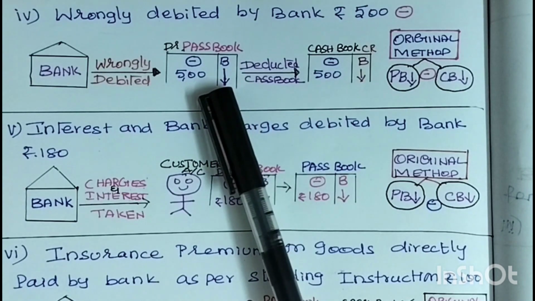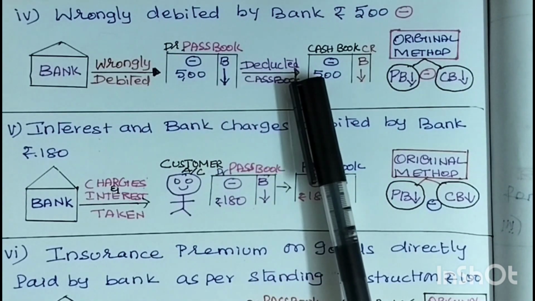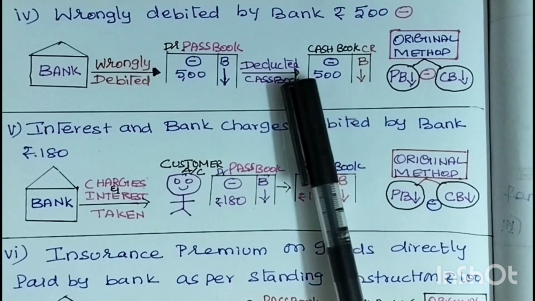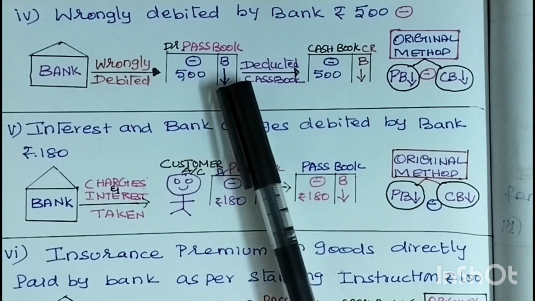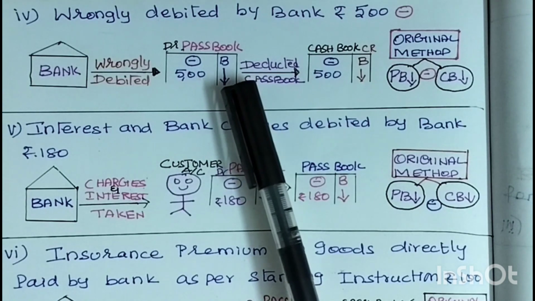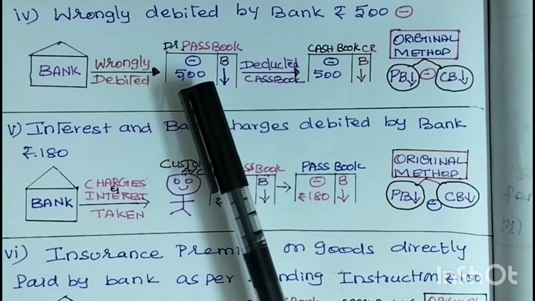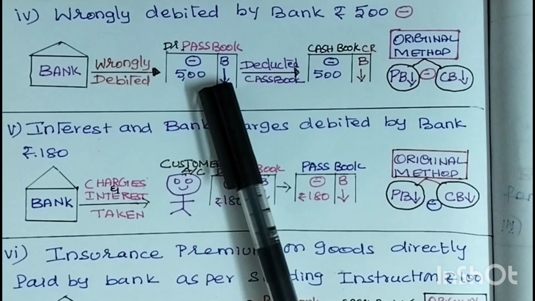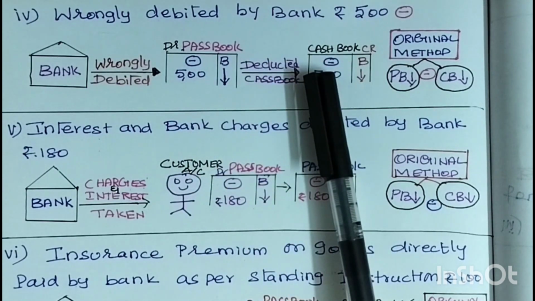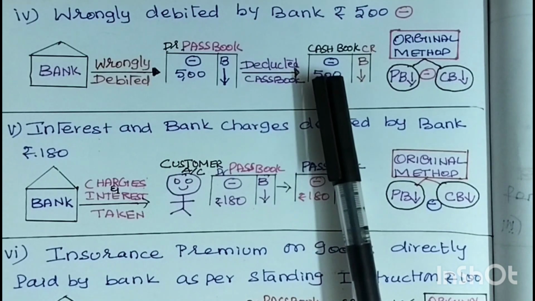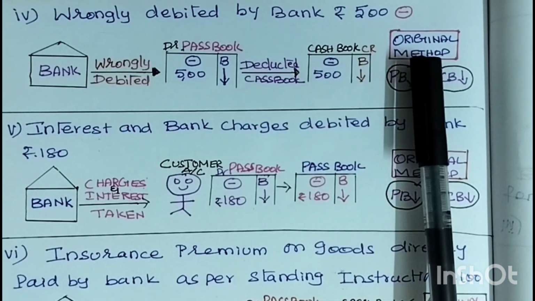Okay. So what about the cash book? After receiving the bank statement only, the business accountant comes to know 500 rupees was wrongly debited from your passbook. So what about the cash book? For the cash book also we are following the original method.